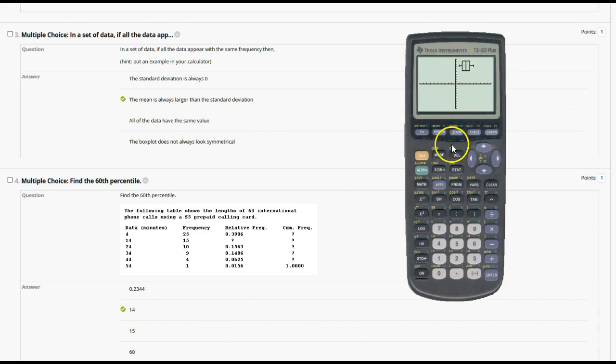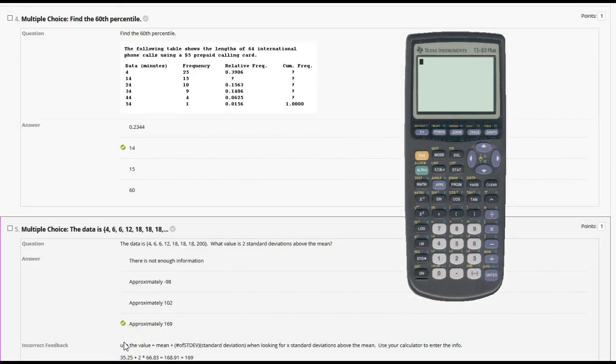And it looks very symmetrical to me. We could zoom if we wanted to, but it says the box plot does not always look symmetrical. Well, if the data all has the same frequency, then it should be symmetrical. So our answer is the mean is always larger than the standard deviation.